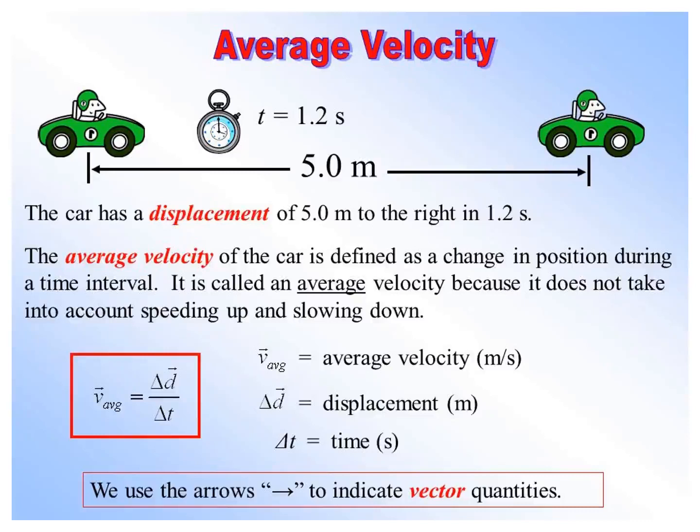So it is the overall speed of an object during the entire course of a trip. Instantaneous speed means the speed of an object at a specific time. So the formula for calculating average speed is total distance by total time.